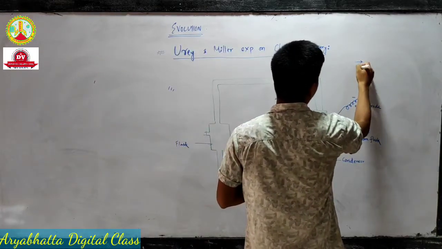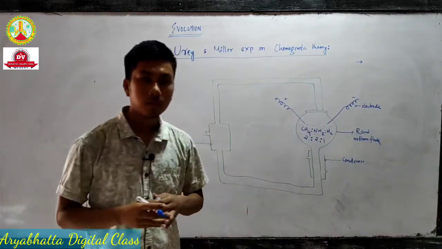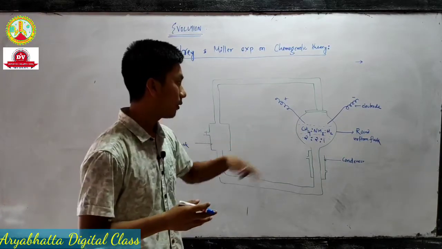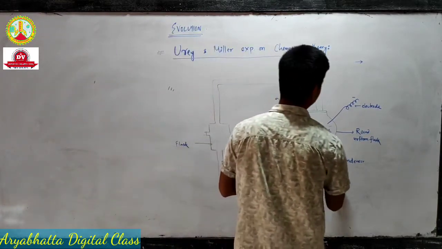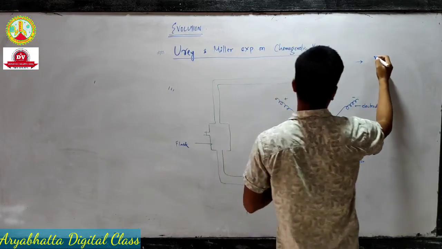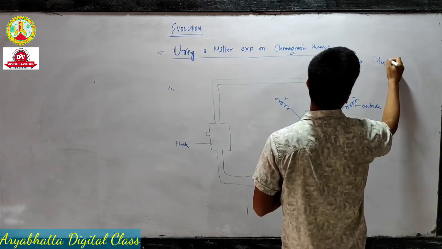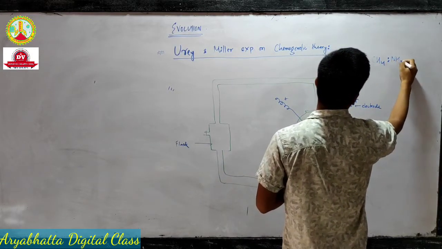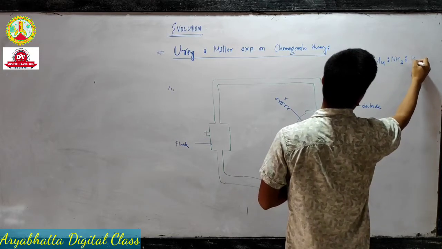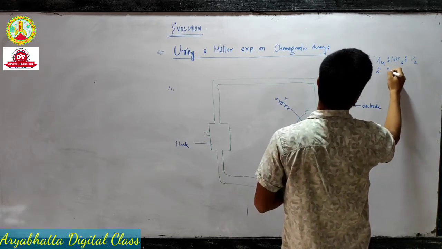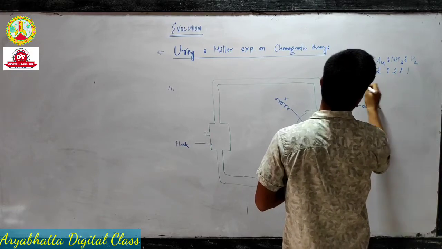That side I'm going to write down the important things of the experiment. So they kept the chemicals methane, ammonia and hydrogen in the ratio 2:2:1.